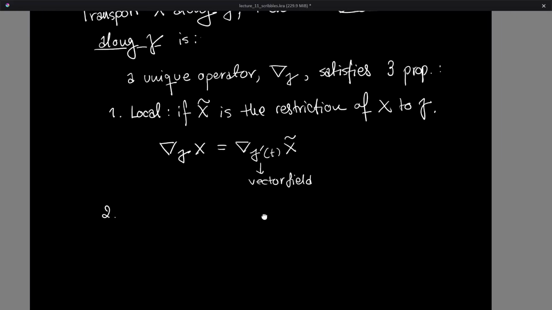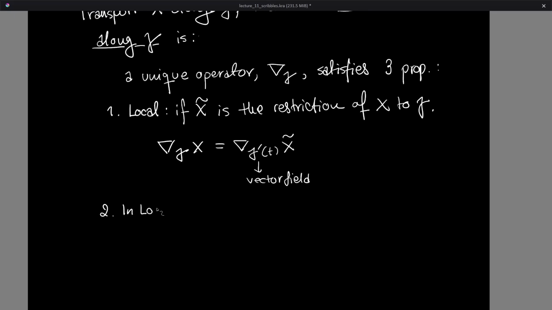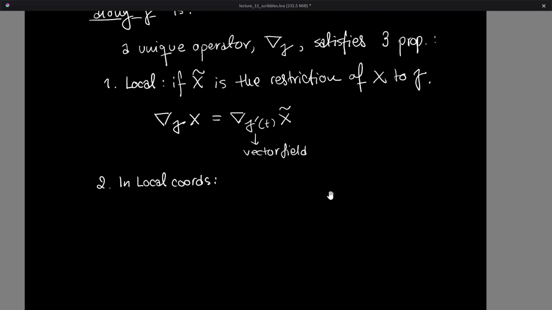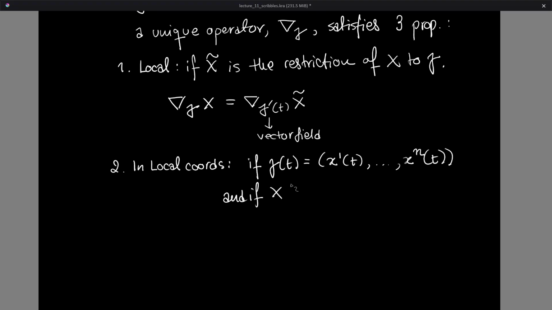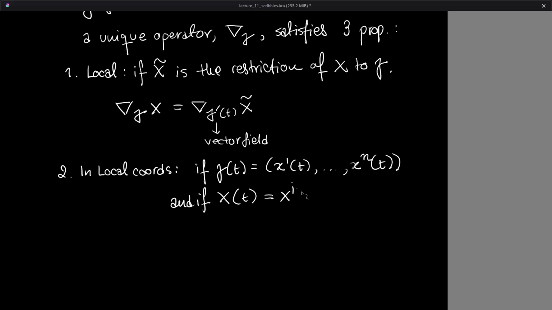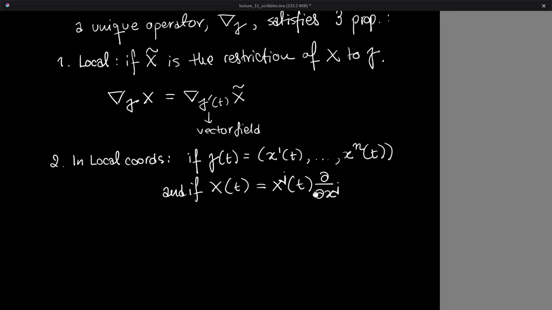Number two, in local coordinates, if gamma of t is equal to x1 of t, dot dot dot, xn of t, where n is the dimension of the manifold, and if x of t is equal to xi of t, that's the coefficient, and the coordinate vectors, partial partial xi, or let's call them j, so that we stick to our prescribed rules.